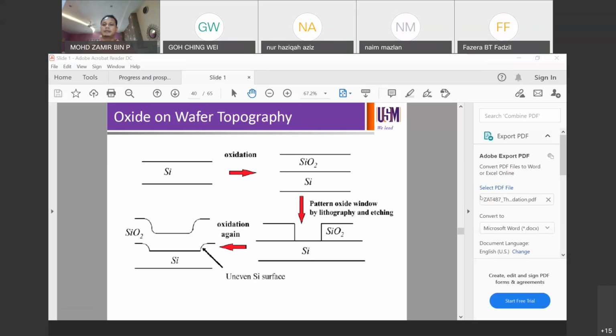Amira, what is the limiting factor for the first one and for the second one from the Deal-Grove model? Apa limiting factor yang kita discuss sebelum ni? Yep, for the first step, the limiting factor is only the number of silicon atoms, right?